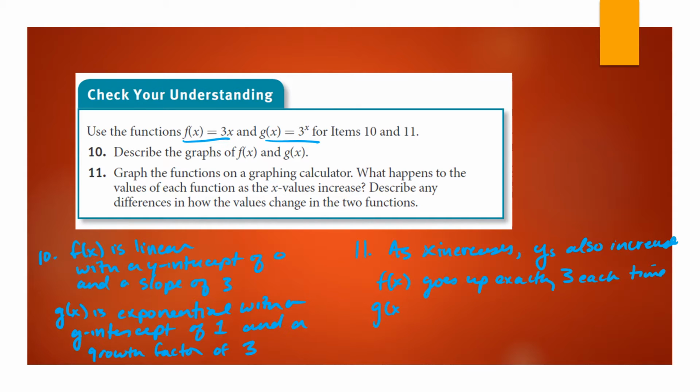And g of x goes up by tripling, right? Multiplying by 3 each time. So make sure that's what your graphs look like and that you could pull that information from the graph, that you could see those things happening. And you'll come up with the words better and better the more you practice. So the more you practice putting some thoughts down before you listen to me, we can always add to your thoughts or revise them if we need to.